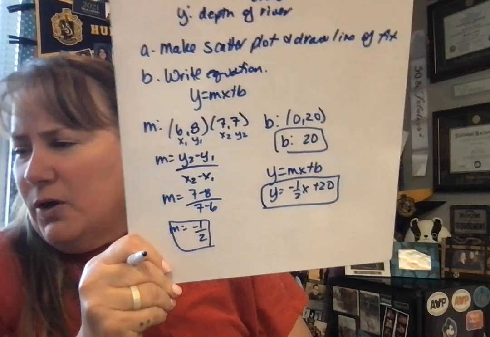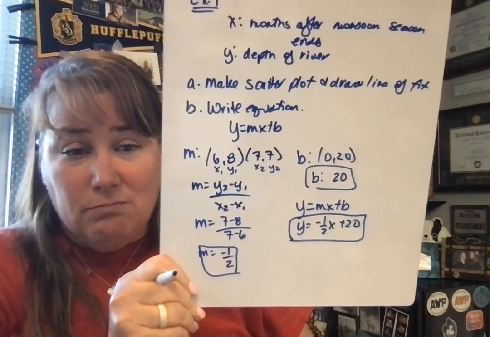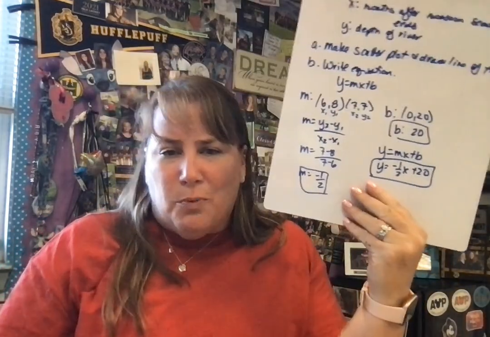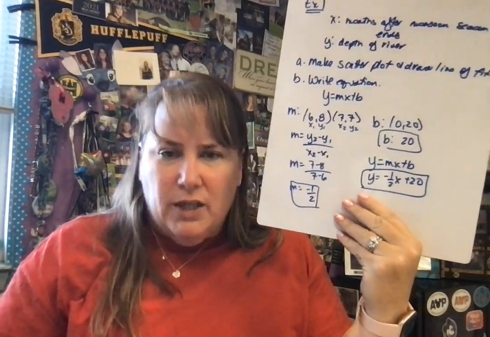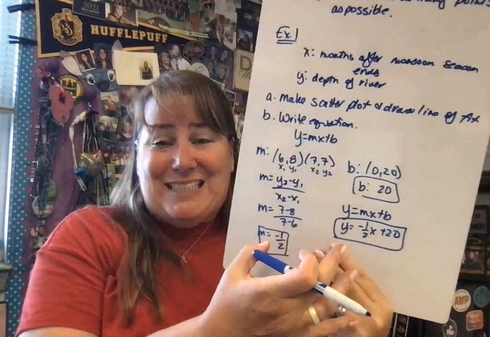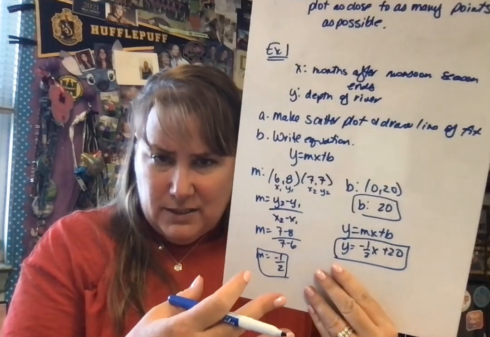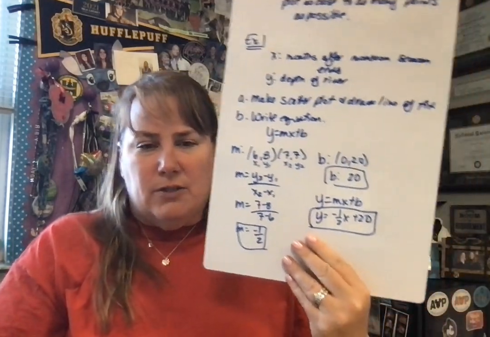Their equation was y equals -2x plus 20. It's still good. If you chose different points and had a slope of -1, that's still good, because remember, this is not exact. It's not precise. It's just used for estimating things. That's why you can have multiple answers.